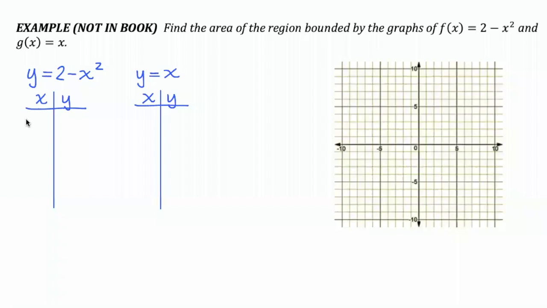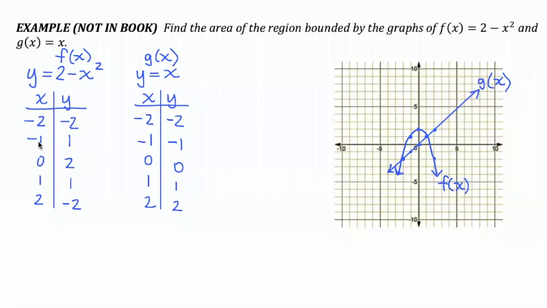So I'm going to pick some x values, some negative, some positive, to substitute into each equation to find the corresponding y values. So by substituting my x values, I generated the y values for each equation, and I also went over and graphed those equations. Now, the shaded area that represents the area between the curves would be this little portion right here.